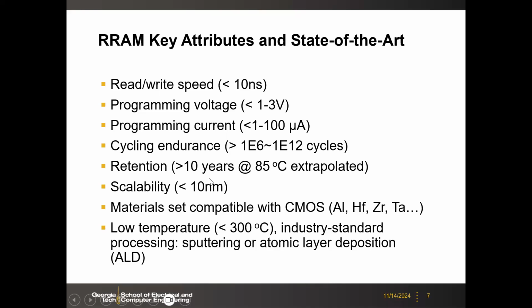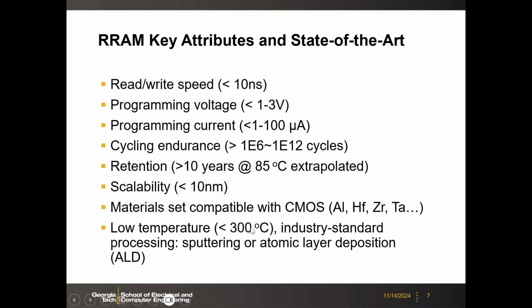Retention could be good at 85 degrees C for more than 10 years, extrapolated, of course. People have demonstrated small devices, less than 10 nanometers in terms of the cell dimension and electrode size, for the memory element itself.